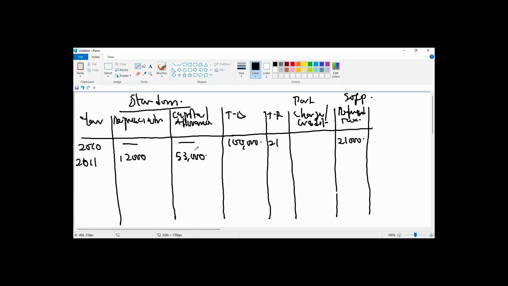Yes, there is a temporary difference now. 53,000 minus 12,000 is 41,000. Tax rate of 21%: 8,610. Is it a deferred tax liability or deferred tax asset? We don't know yet.